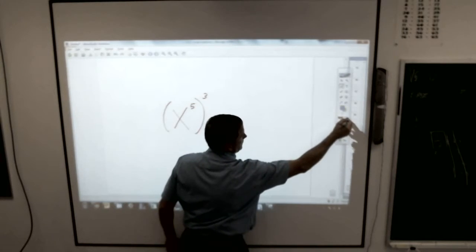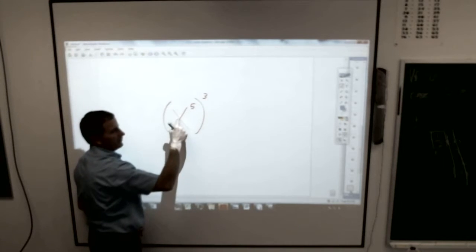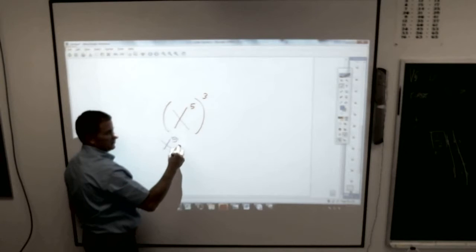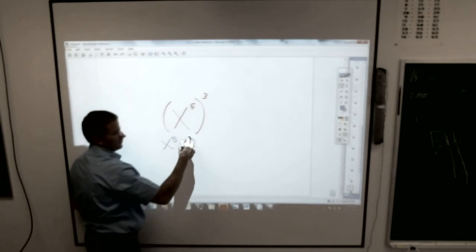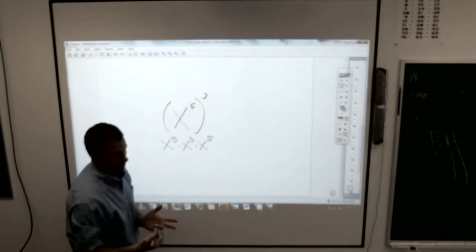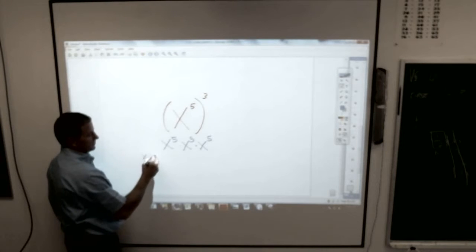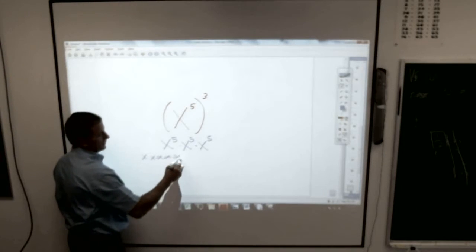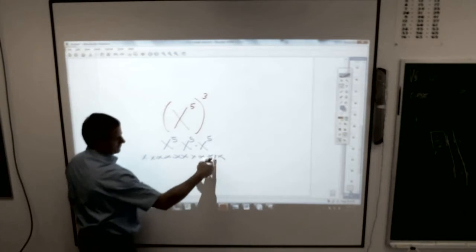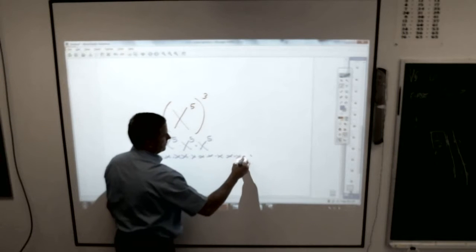This third power tells me I have 3 of these multiplied together, which means I have x to the 5th times x to the 5th times x to the 5th, which goes back to our other rules of exponents. If you want, you could write all those out.